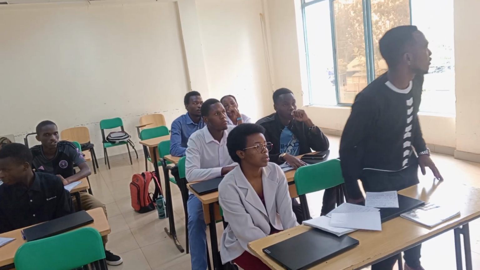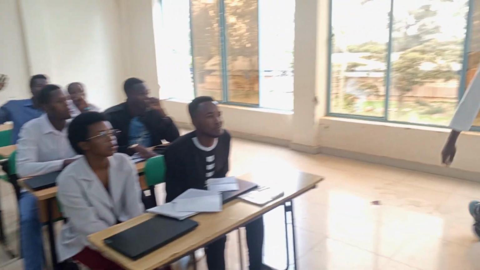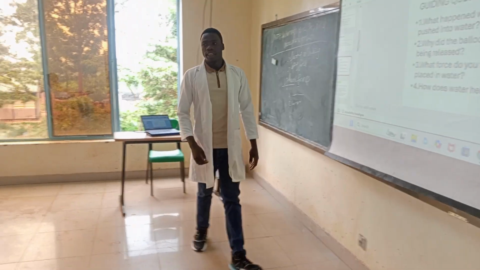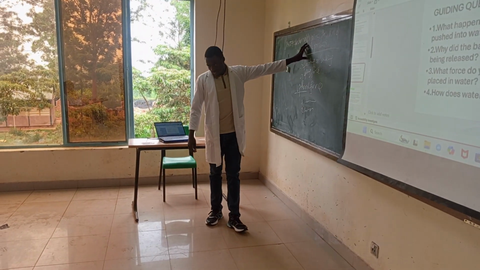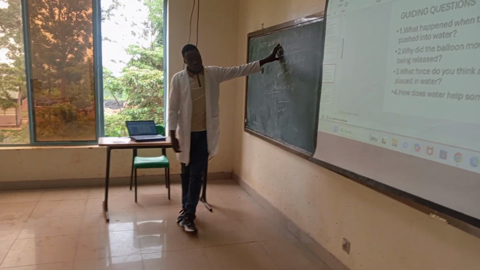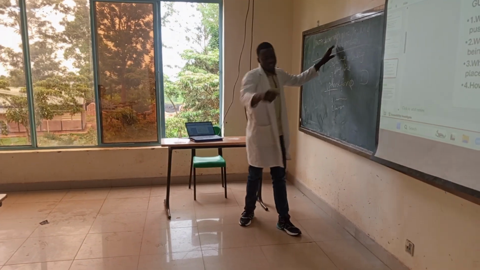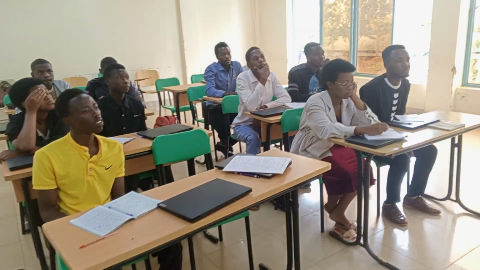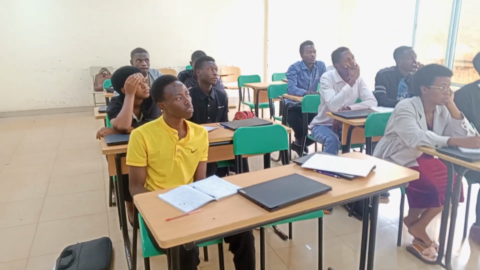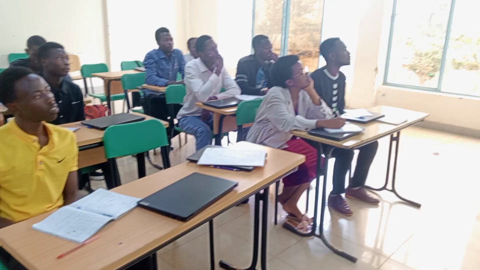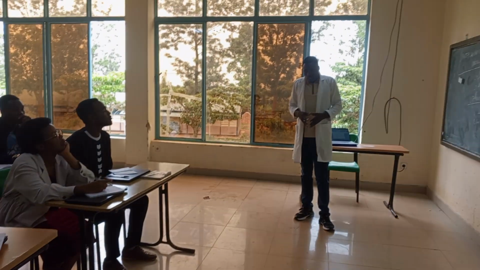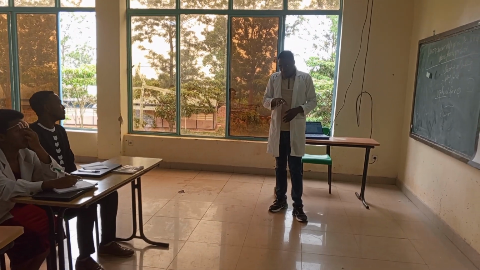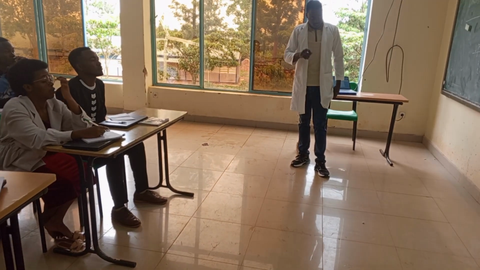We can say our object will float if and only if the weight of water is greater. You can take the object as our balloon. When you put the balloon in the bucket, push it into water and then release it, our balloon floats.